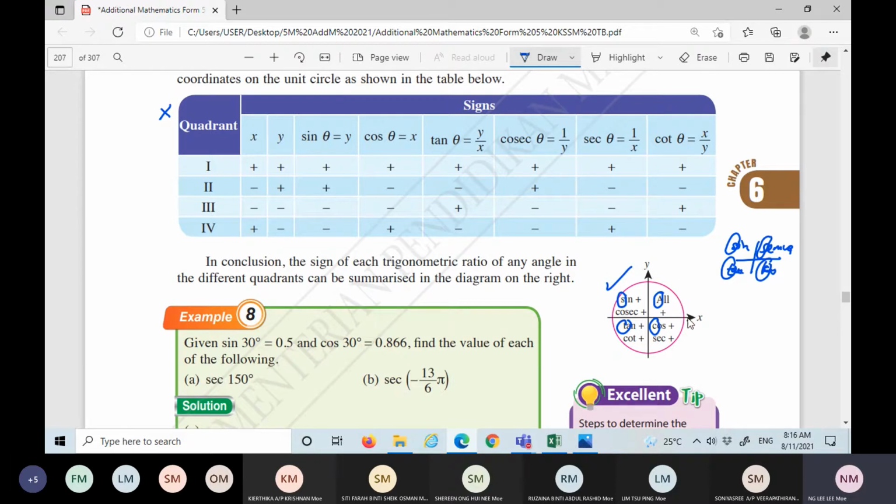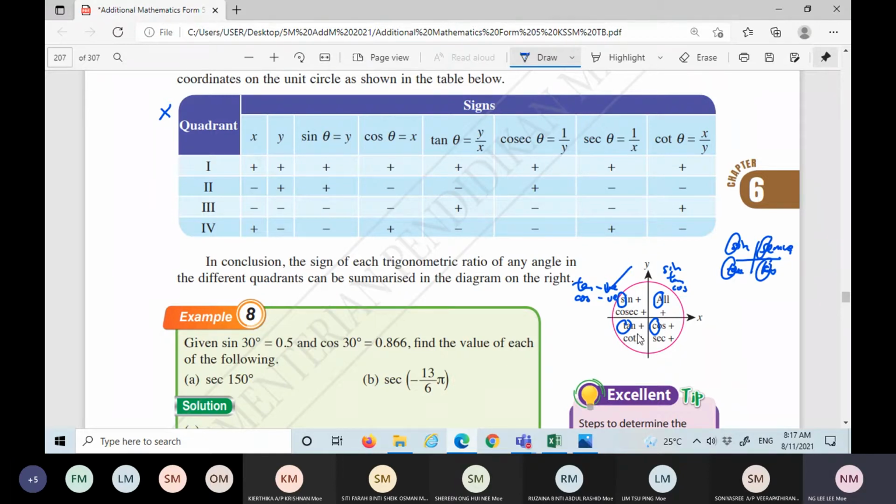So what is the meaning of the all? All means all are positive, meaning sine, tangent, cos are all positive. For the second quadrant, sine is positive, meaning the other two, tangent and cos, are negative. This is the meaning. You can't just memorize and not know how to apply it.